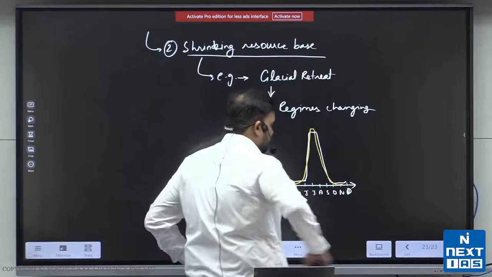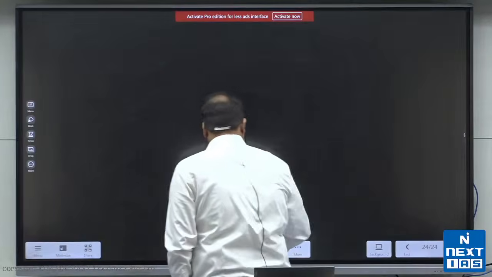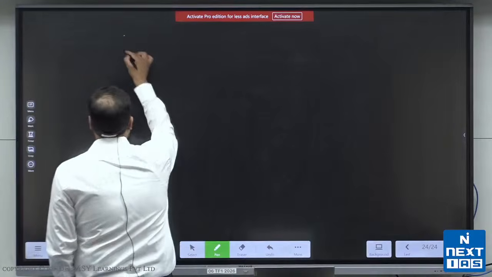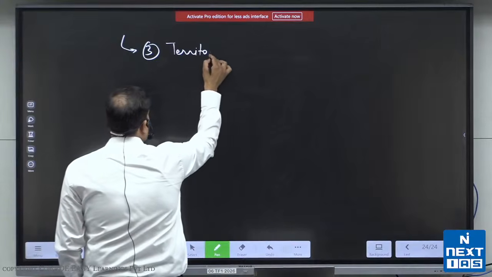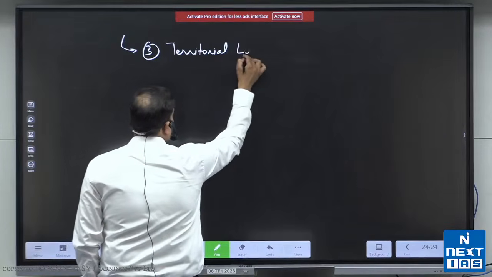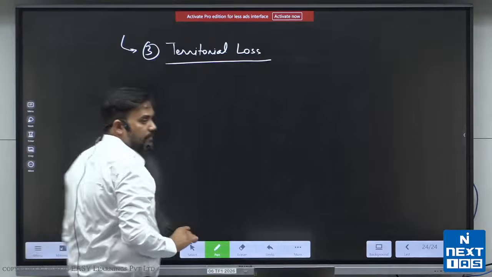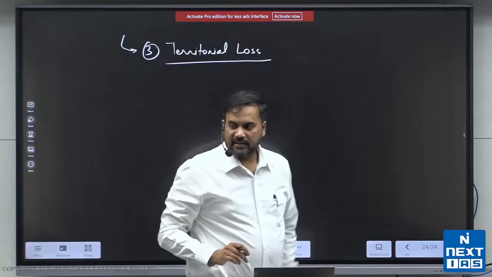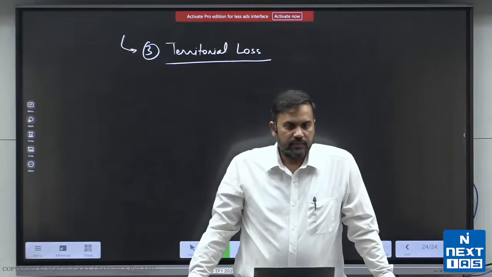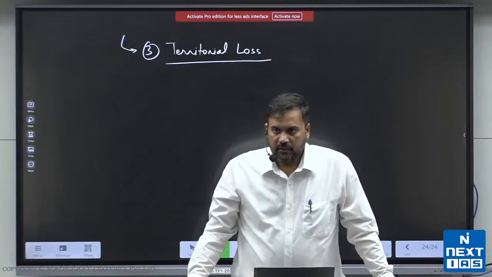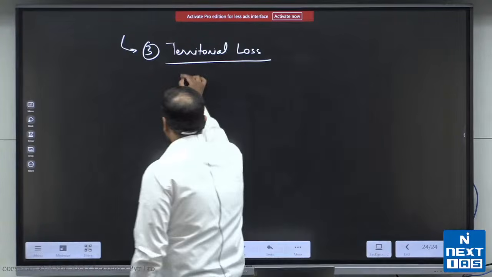Second way in which it is taking place. Third, there is territorial loss. There is territorial loss. So can I give example of sea level change and submergence of coastal areas?